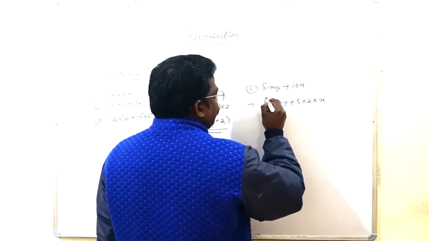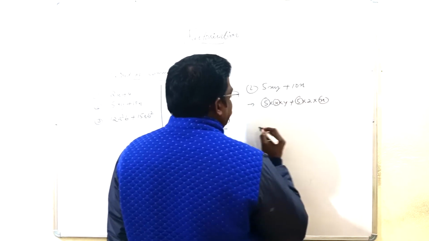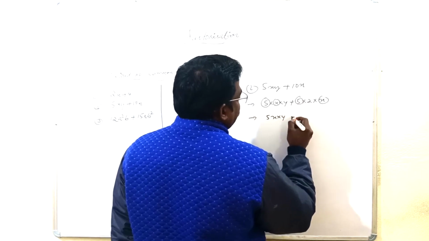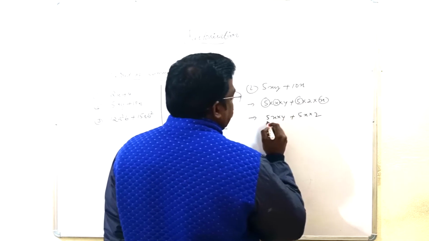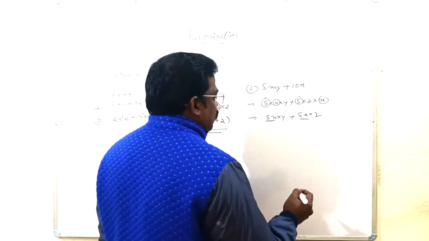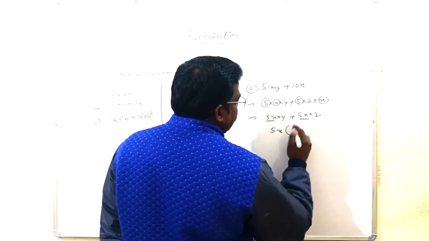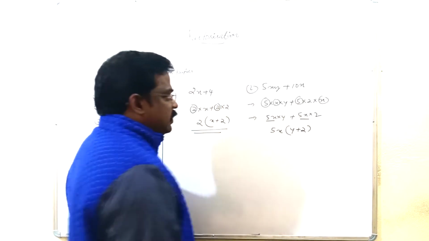Here we can see 5 is a common factor and x is a common factor. So 5x into y, and 5x into 2. So 5x and 5x are common, and we can take 5x outside. Then what remains? y plus 2. So these are the factors here.